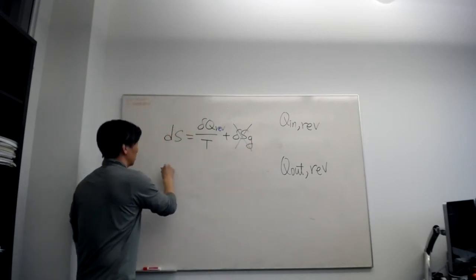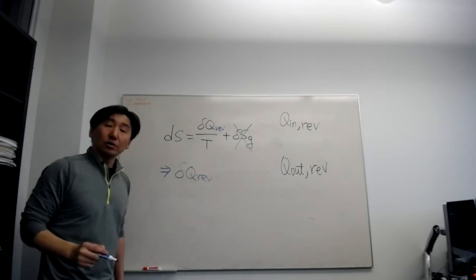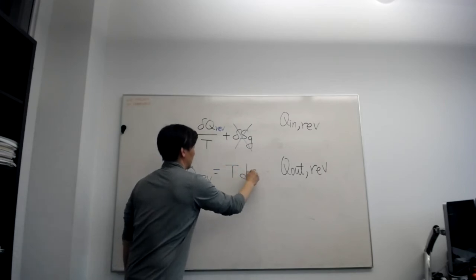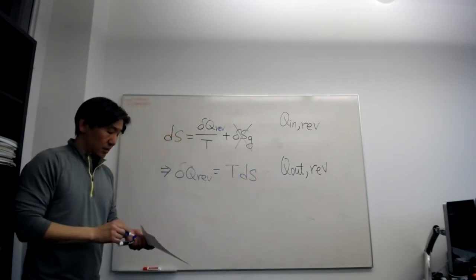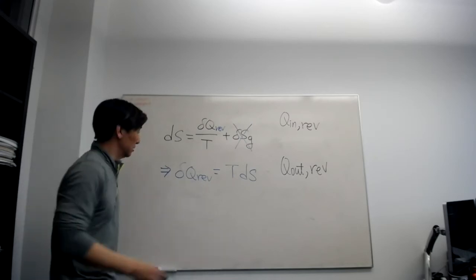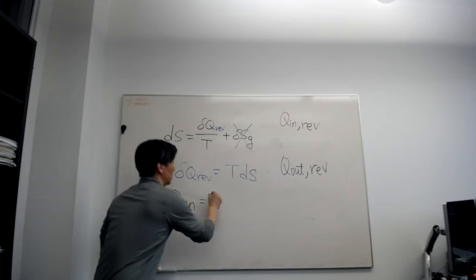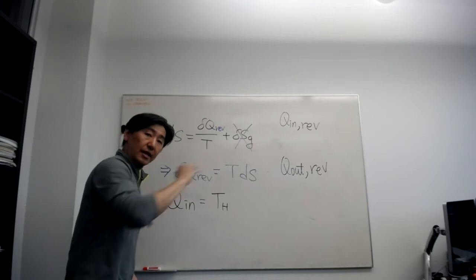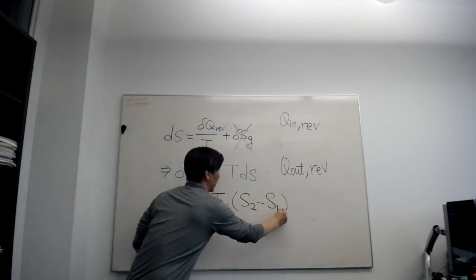So the reversible amount of heat can be written as T dS. Then how can you write Q in a Carnot cycle? So Q in can be written as TH, because we have constant temperature, times S2 minus S1.